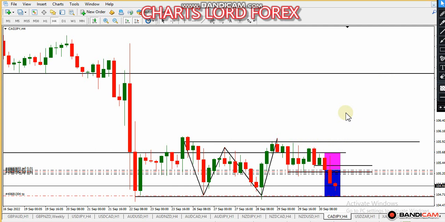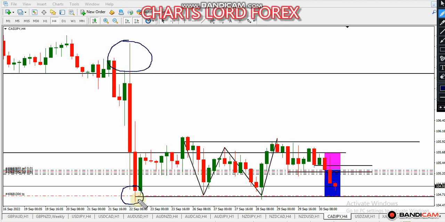So from this particular pair, CADJPY, this is the 4-hour chart, and according to this 4-hour chart that I'm looking at on my screen here, you can see the sellers shooting from this area very aggressively, shooting all the way down like that, to this area.